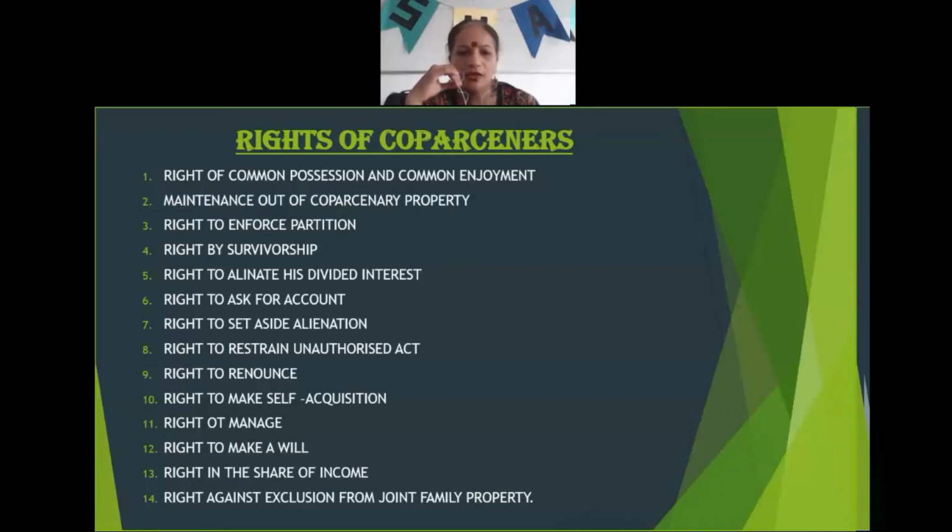If the joint family members want to expel this coparcener, भगा देना चाहते हैं इस particular coparcener को, then the coparcener has a right against exclusion from the joint family property. होता है ना, there is a situation wherein a person gets married in another religion, or marries a person not liked by the joint family members, and they say you are now removed from the property.